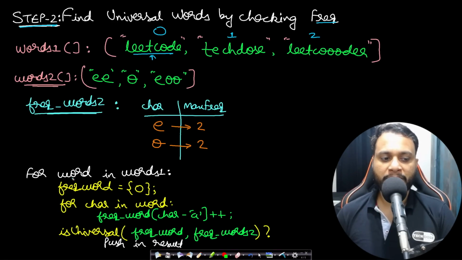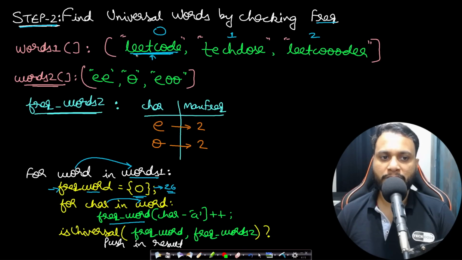How to do that? I will be iterating for every word in words 1 and take a frequency array which will be assigned all values 0, and this will be of size 26 because I know it will be A to Z. For every character in the given word, let's say Leetcode, I will be updating its frequency.